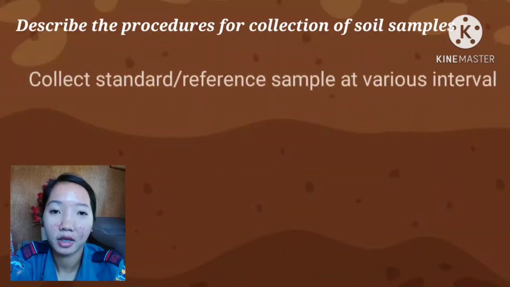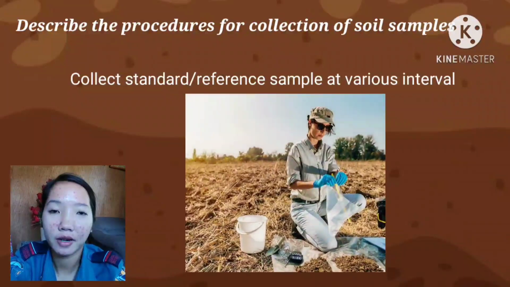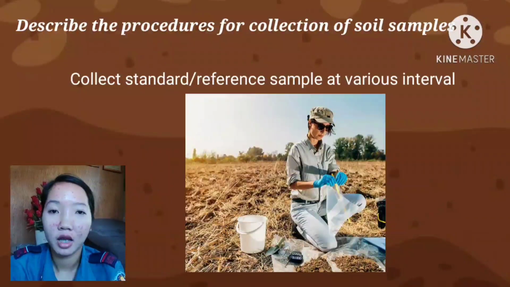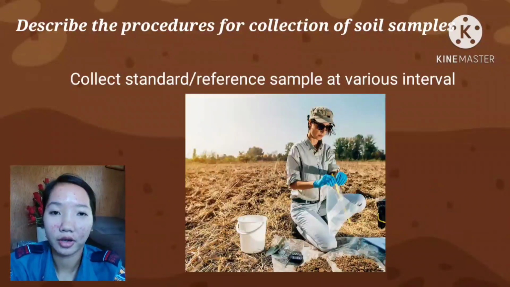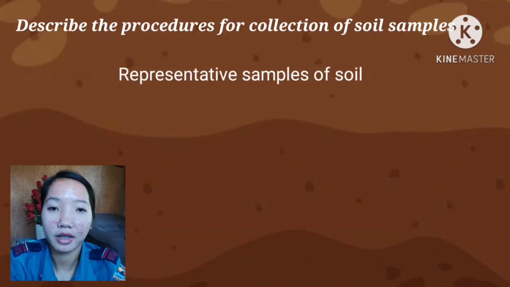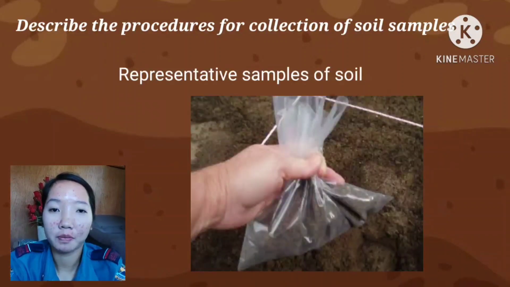And next, because there is variation of soil even at a particular location, it is important to collect standard evidence or reference samples at various intervals. And last is need a representative sample of the soil.